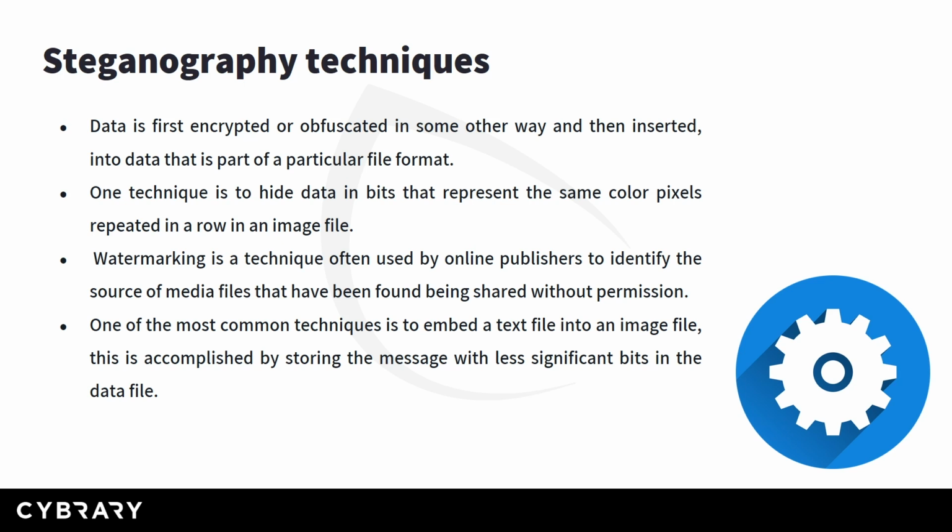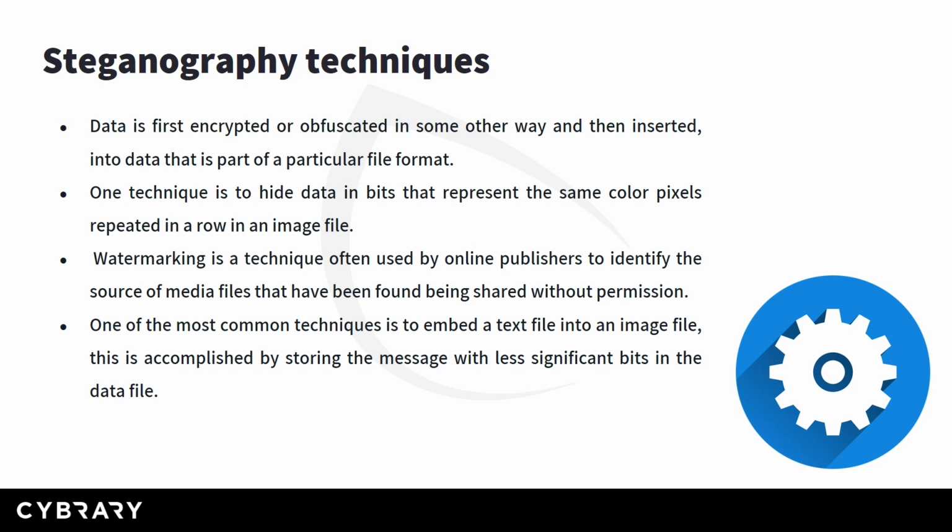While there are many different uses of steganography, including embedding sensitive information into file types, one of the most common techniques is to embed a text file into an image file. When this is done, anyone viewing the image file should not be able to see a difference between the original image file and the encrypted file.